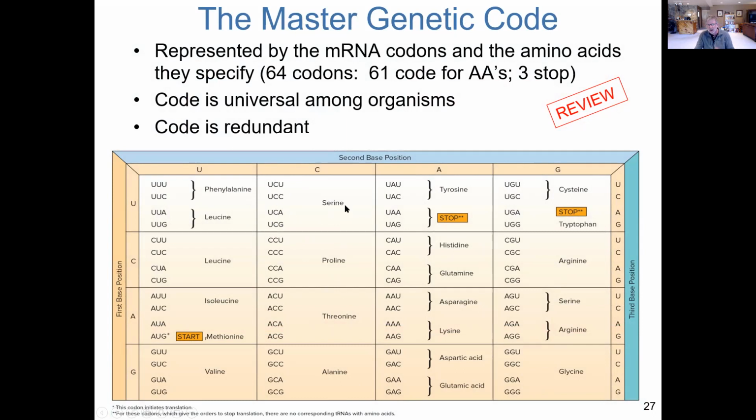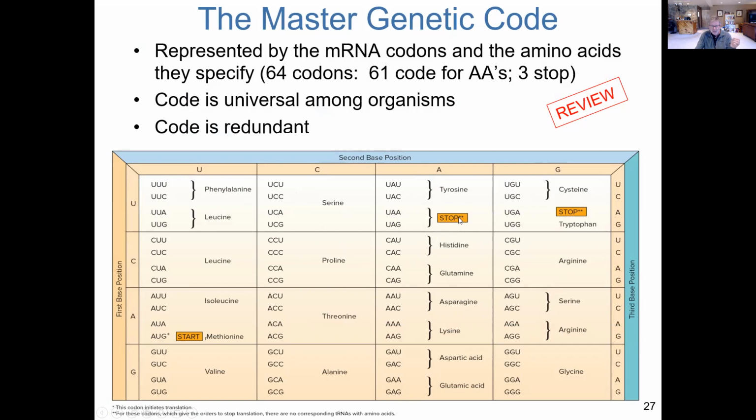And I don't care if we're talking about E. coli or your liver cells in a human. All living organisms on Earth, be they prokaryotic or eukaryotic, all utilize this same universal code for translation. Pretty interesting. I want you to note the 3 stop codons here, UAA, UAG, and UGA.